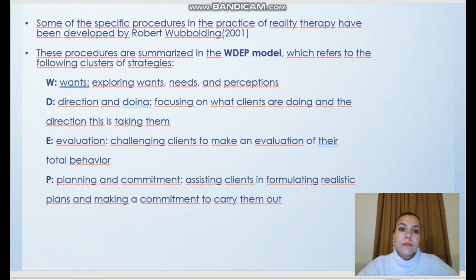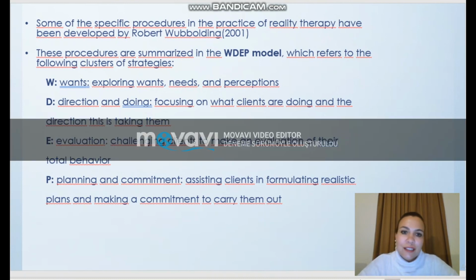So, at the basis of reality therapy, reality therapists need to follow these procedures, okay? They will ask the wants of their clients, they will scan what the clients are doing and which direction they are going.